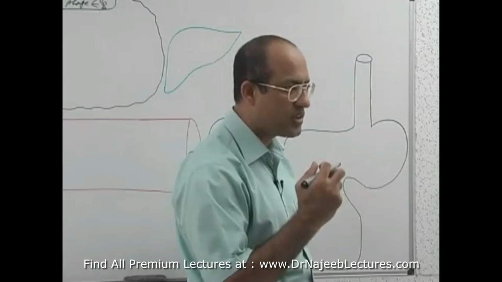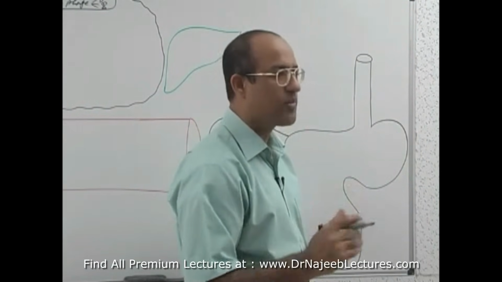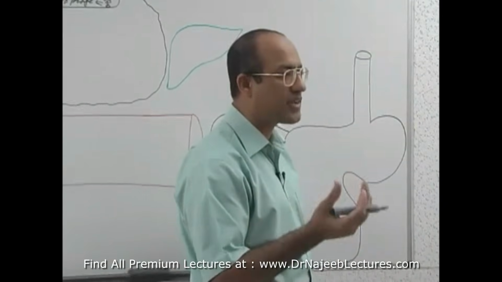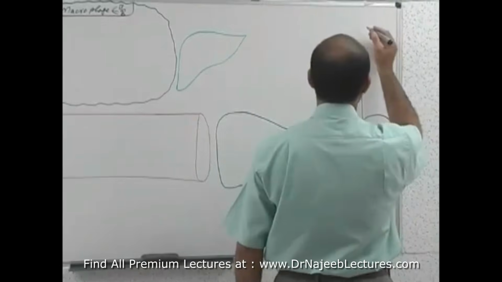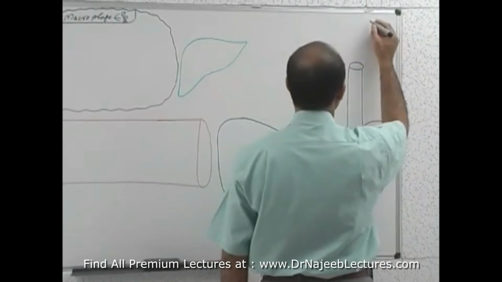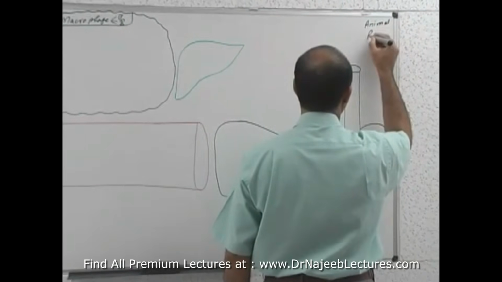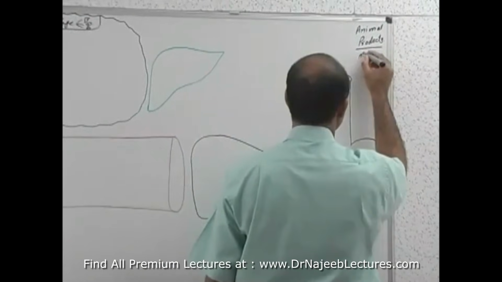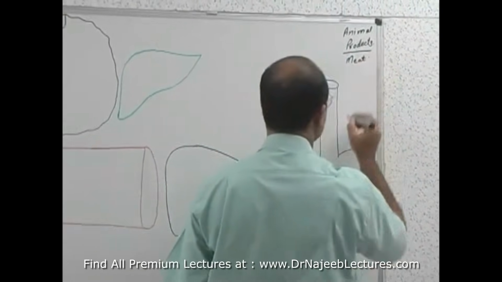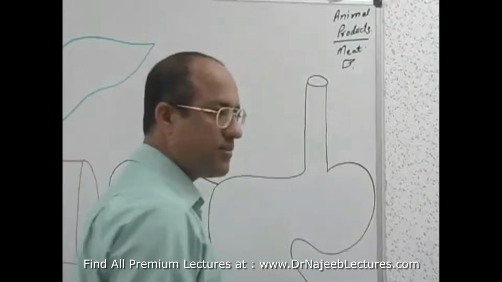You are having meat, or eating liver, of course cooked, or eating eggs or egg yolk. So these have iron. We can say iron may be present in animal products, especially meat muscle, liver, egg yolk, and others.